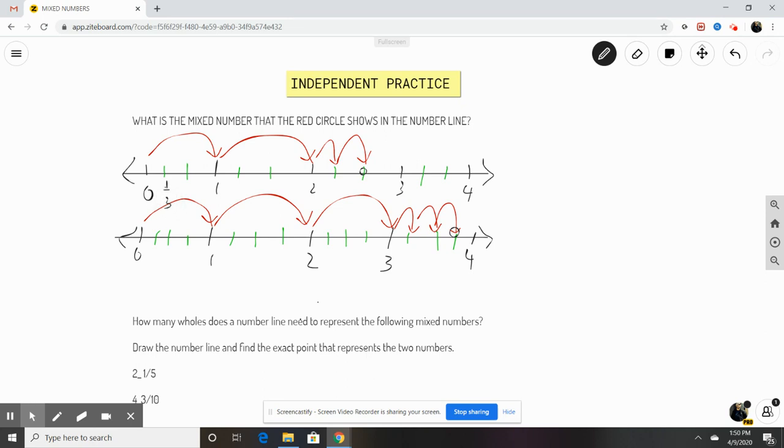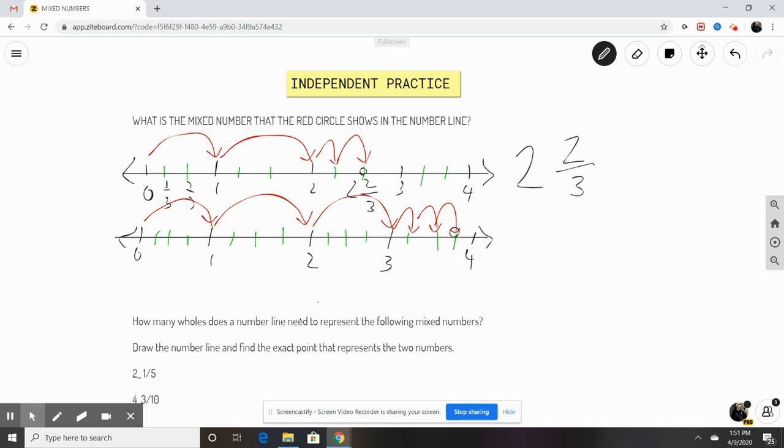This will be 2/3, and this will be equivalent to 1 whole. So I need to count how many whole parts I have. 1 whole, 2 wholes, 1/3, 2/3. So the mixed number is 2 and 2/3. That's what this point is representing. It's 2 wholes and 2/3.